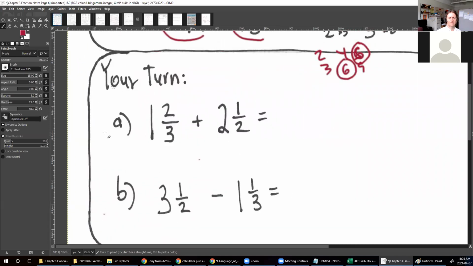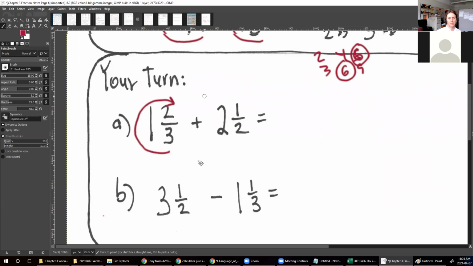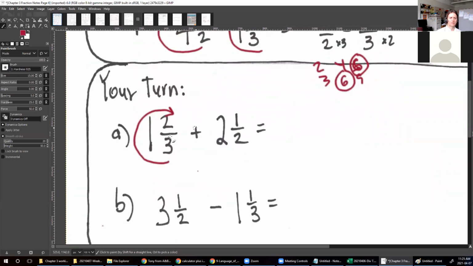Okay, so we're adding these fractions, but they're mixed right now, and I want them to be improper. So I want them to be top heavy, and that's where we're going to draw the arrow to figure them out. And you remember with the arrow, it's going to be a times and a plus.